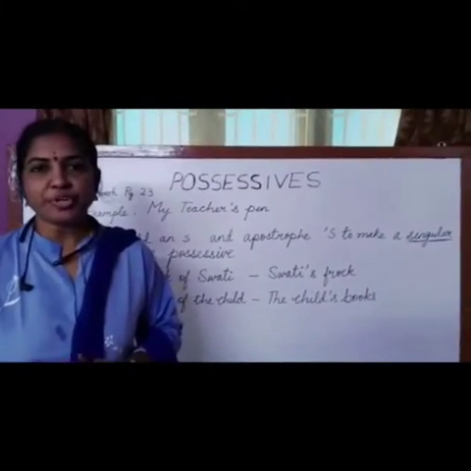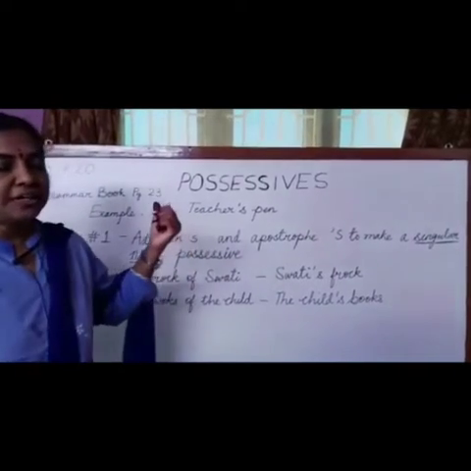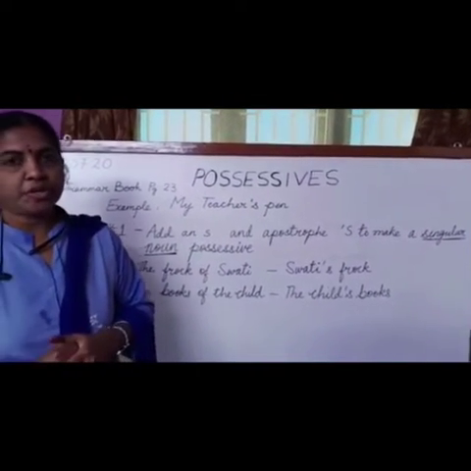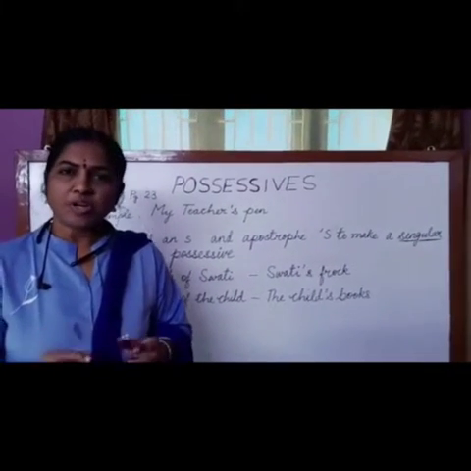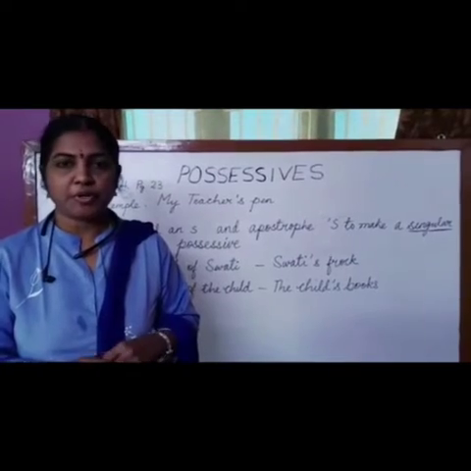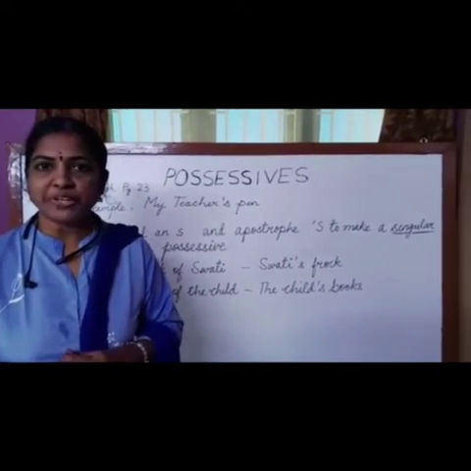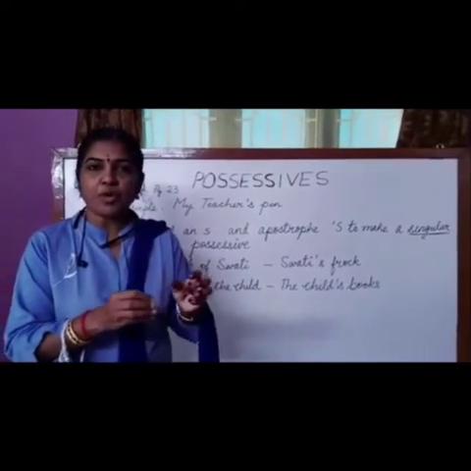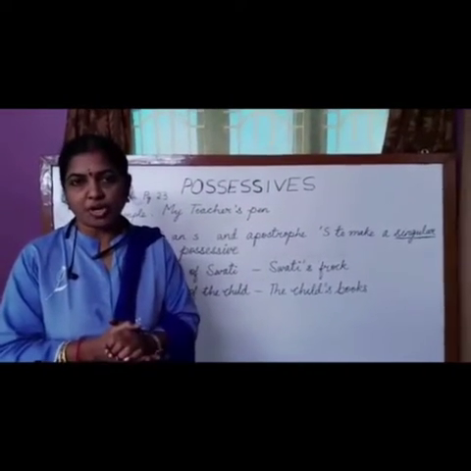Students, before we go into the lesson, please open your grammar books page 23. Students, what is the meaning of possession or possessive? Possession or possessive means belongingness. That means something which belongs to someone.